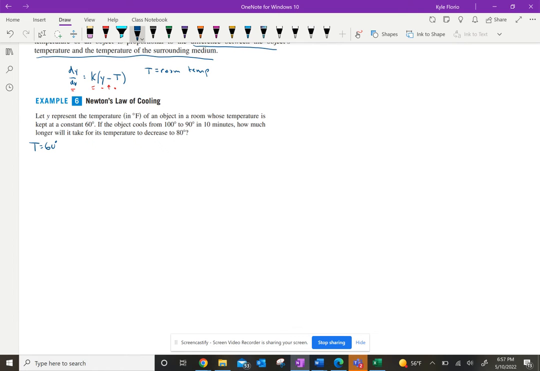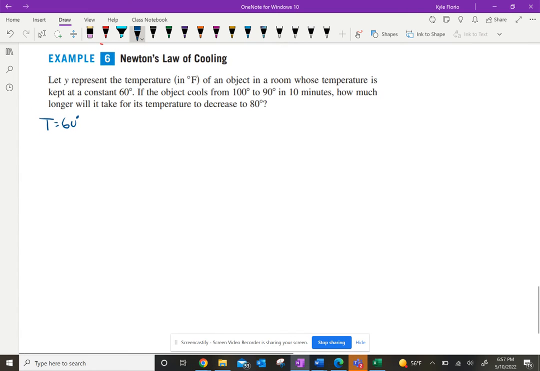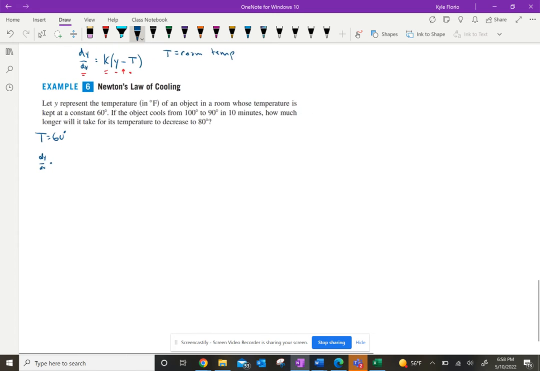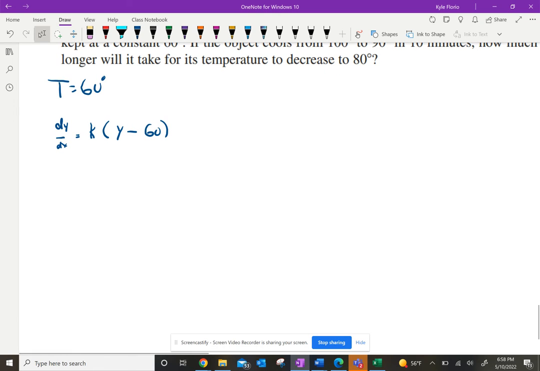So we need to solve this differential equation up here. So dy dx is proportional to the difference between the temperature and the room temperature, which is 60. All right. To solve a differential equation, we're going to collect all of our y's on one side and our x's on the other side.